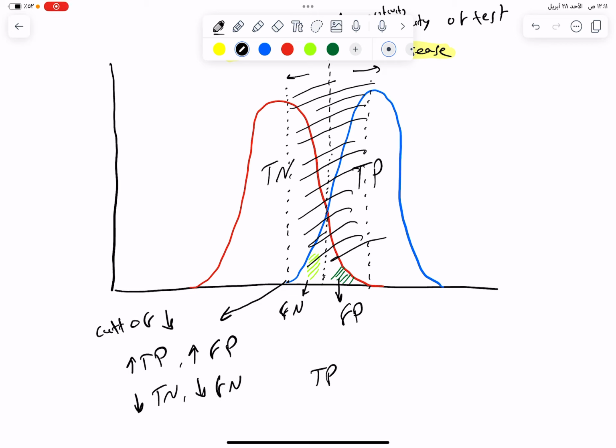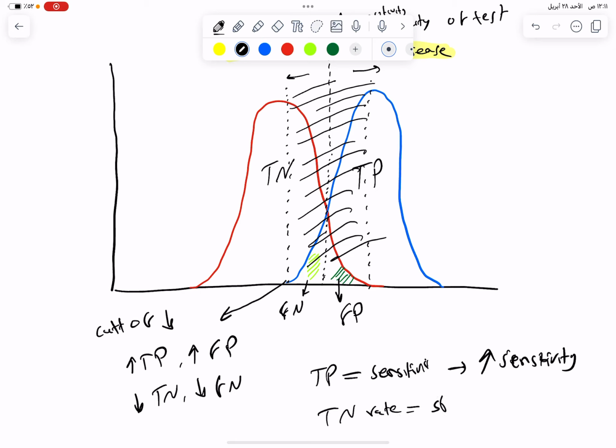Since the true positive rate is equal to the sensitivity, this leads to an increased sensitivity when we lower the cutoff value. And since the true negative rate is equal to specificity, this leads to decreased specificity when we lower the cutoff value.